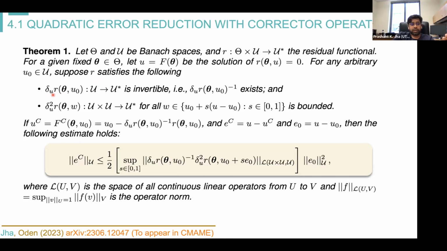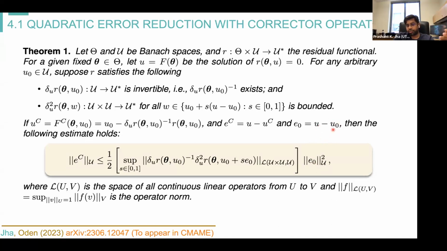For example, the derivative of R with respect to U, in the Gateaux sense, is invertible. And also the second derivative of R, again in the Gateaux sense, is bounded. Then you can show that the error in the corrected solution EC is below some constant times the square of the error in the original problem. So E0 is the error U minus U0.